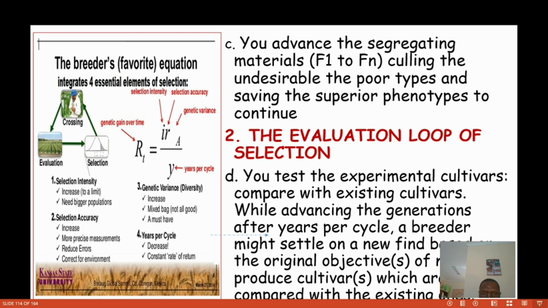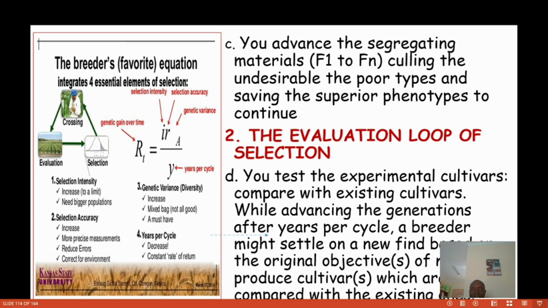If you have a year per cycle, remember you are going to grow out your F1 plants. Those F1 plants that have leaves before they flower are F1 plants. Then you will have them progressing into the flower.